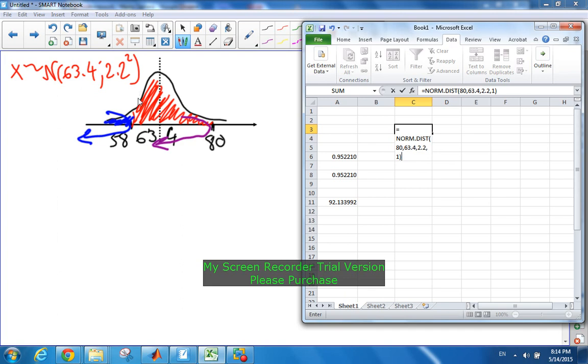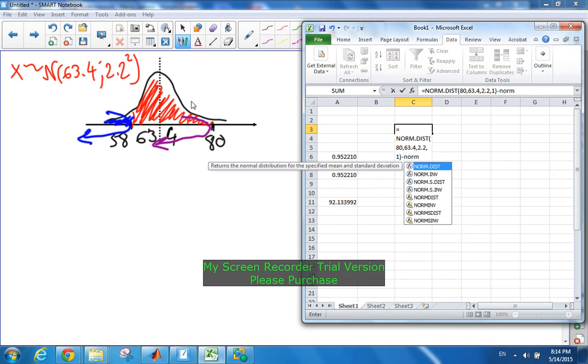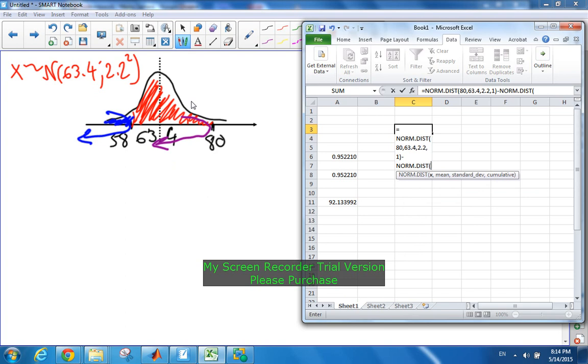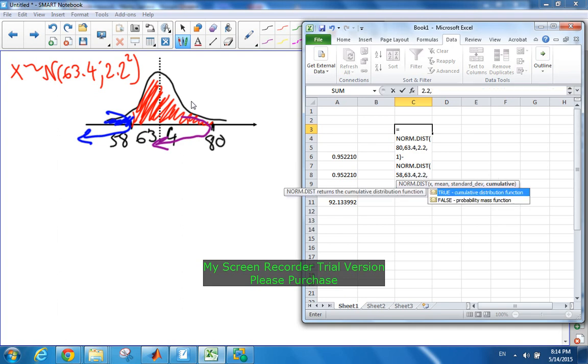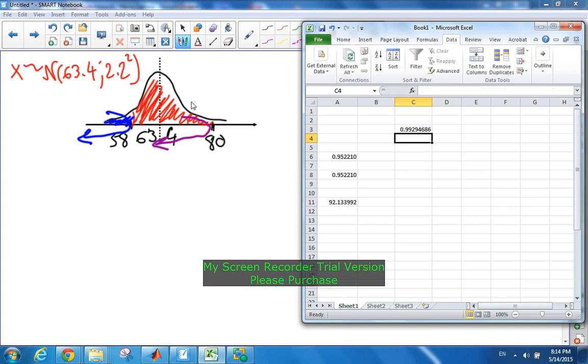So that's this blue plus red area, and now minus the blue area, so minus norm dist, the number is 58, the mean is again 63.4, and the standard deviation again is 2.2, and the cumulative again, yes, okay. So this is the value.